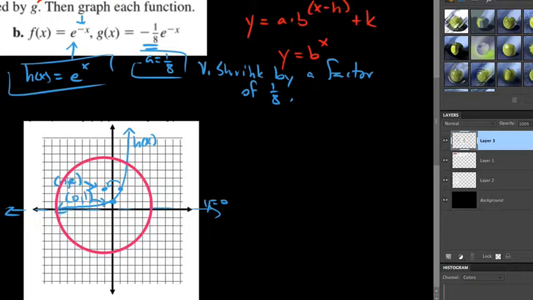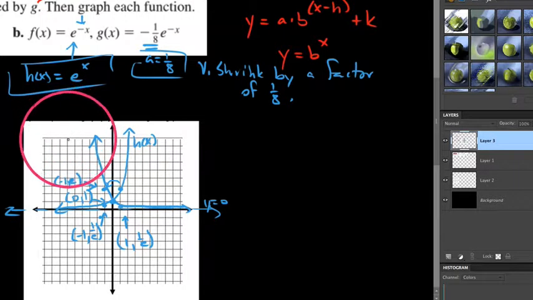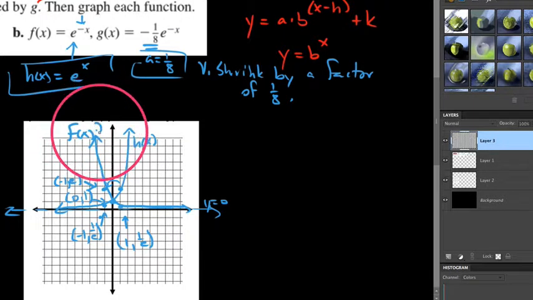But whereas this graph over here would have gone through -1, comma e to the -1, which is 1 over e, this graph now would become +1, 1 over e after we reflect it. And so our parent function, e to the -x, let's go ahead and label this here. This is our f of x, this right here.